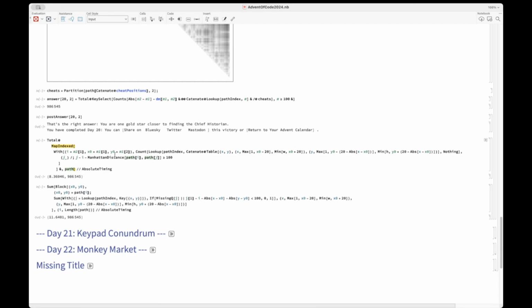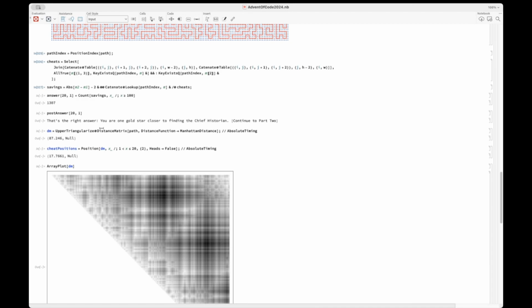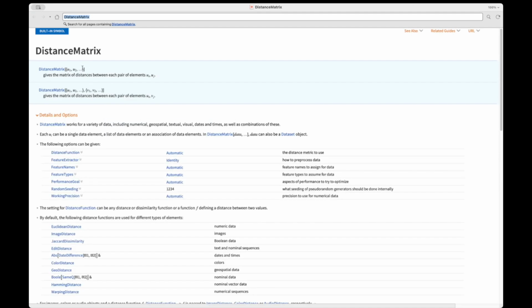So here, instead of computing all the distances, it's essentially computing the distances, but only in the radius of 20, right? I think Wolfram Language could improve this distance matrix function by providing an additional argument of the minimum or maximum distance to look through.